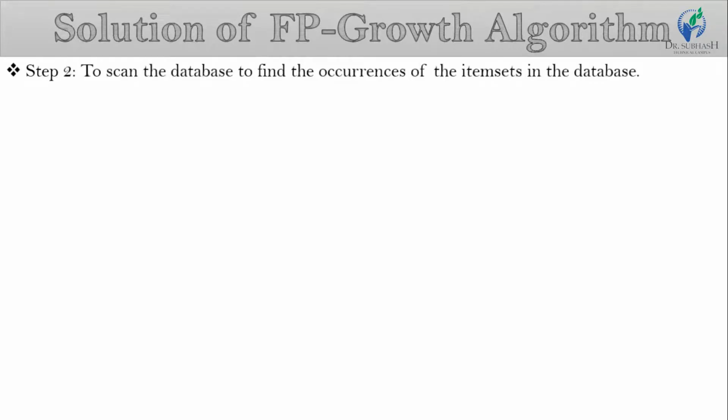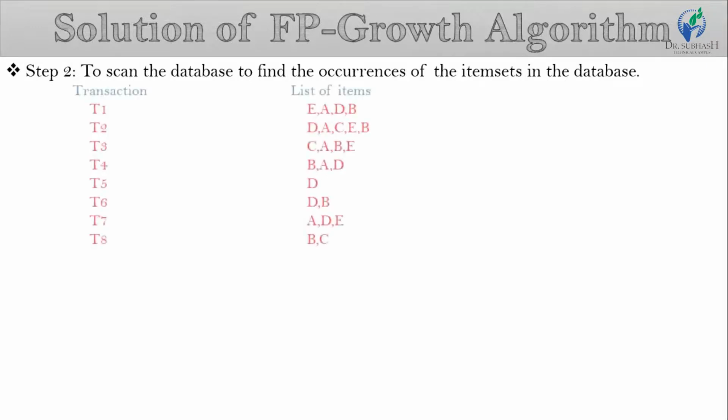Step 2 is to scan the database to find the occurrence of the item sets in the database. Now, based on the given table, we find the individual items and their counts.